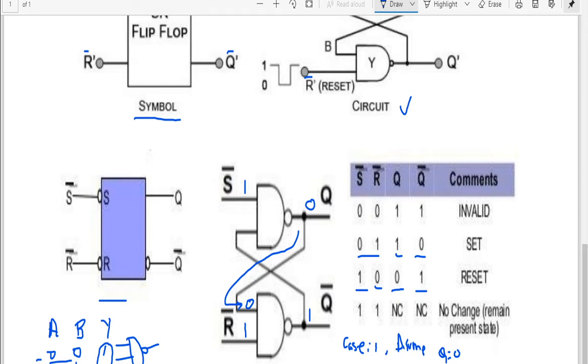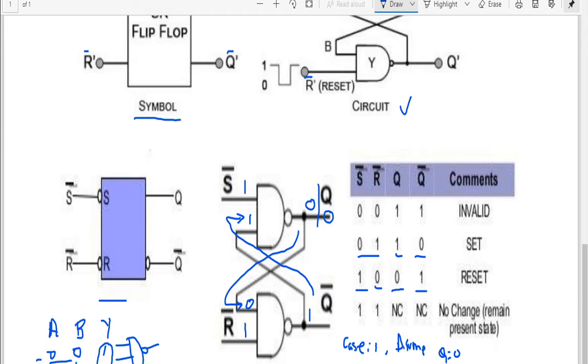Okay, so you can see that when this 1 now flows to this state, 1 1, it is going to be 0. So when you see, the present state is 0, and after this 1 comes as an input to this NAND gate, the next state is also going to be 0.